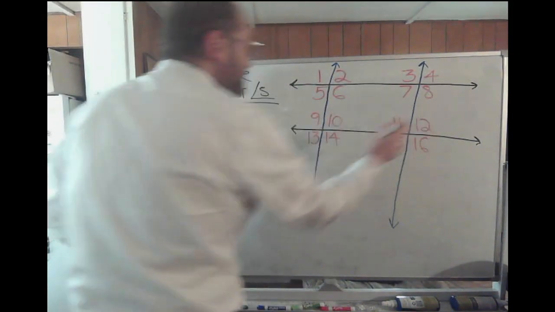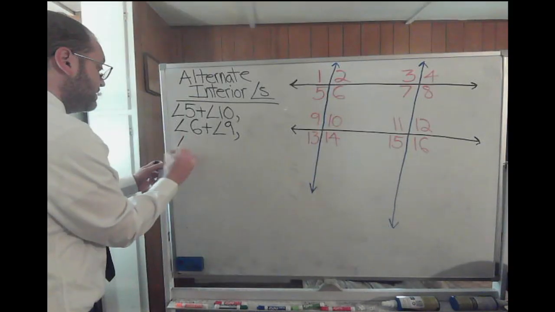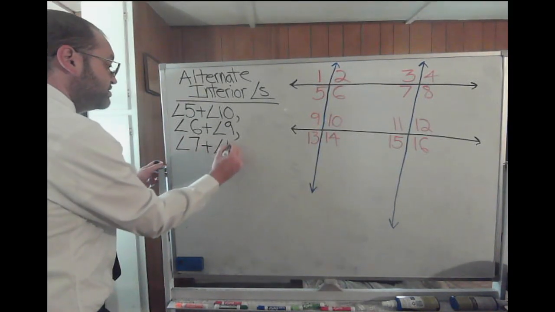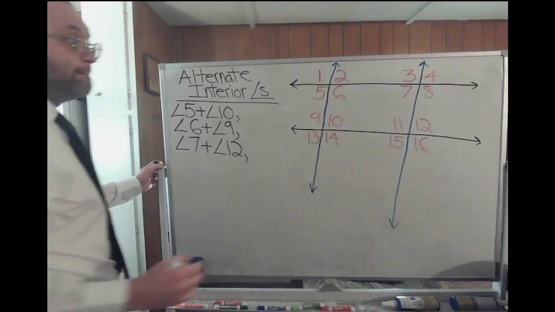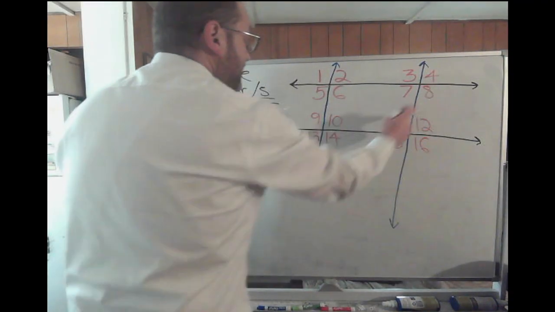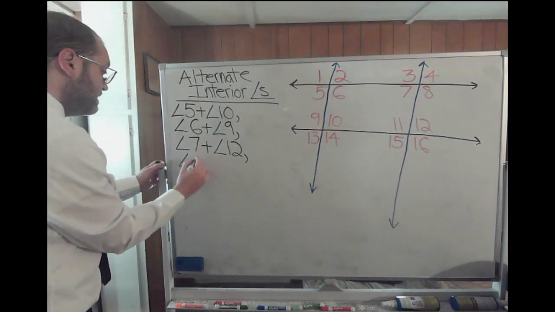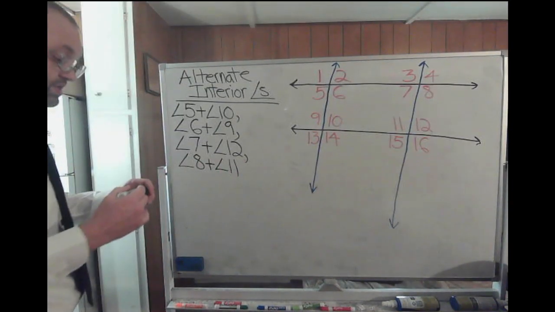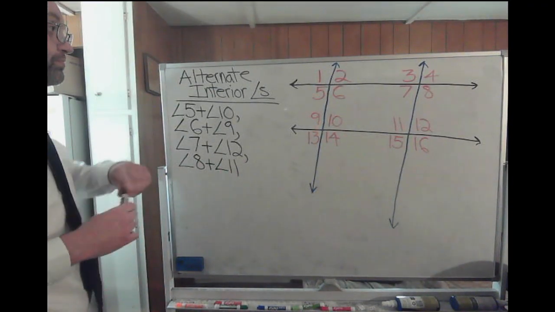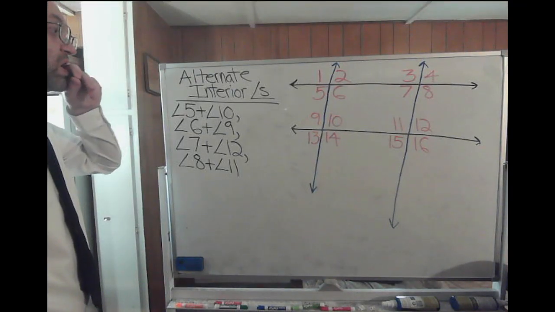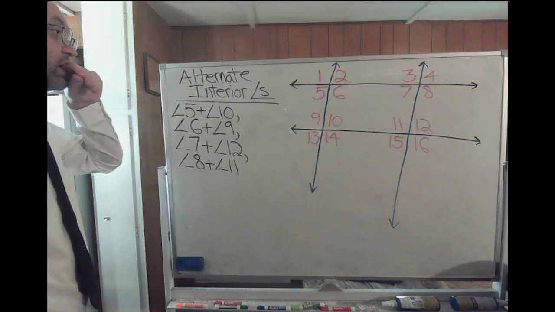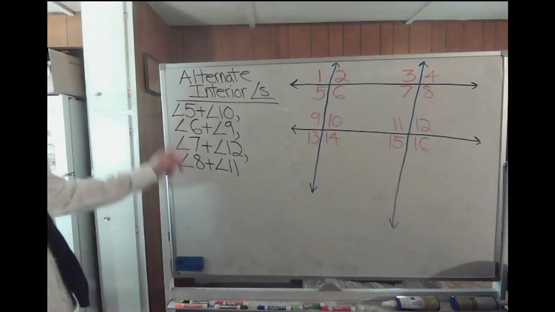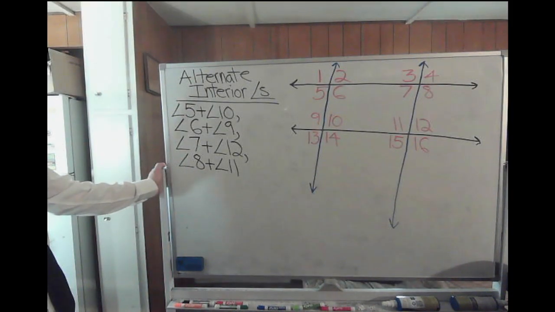Angle 7 and angle 12 would be alternate interior angles because 7 and 12 are on the opposite side of the transversal line. Then you guessed it, 8 and 11. Angles 8 and 11 would be alternate interior angles. So that's really all we have, just 4 pairs of alternate interior angles.